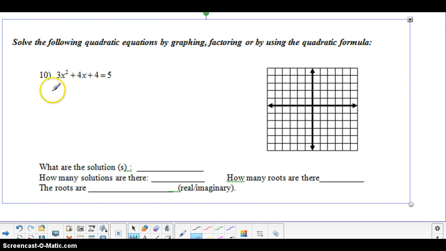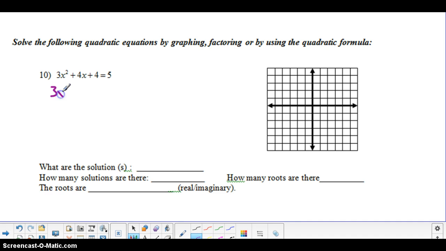First we have to set it equal to 0 before we can solve, and we'd have to subtract 5 from both sides. So 4 minus 5 would be minus 1. And then when I went to try to factor this, it's not able to be factored. So this is prime.